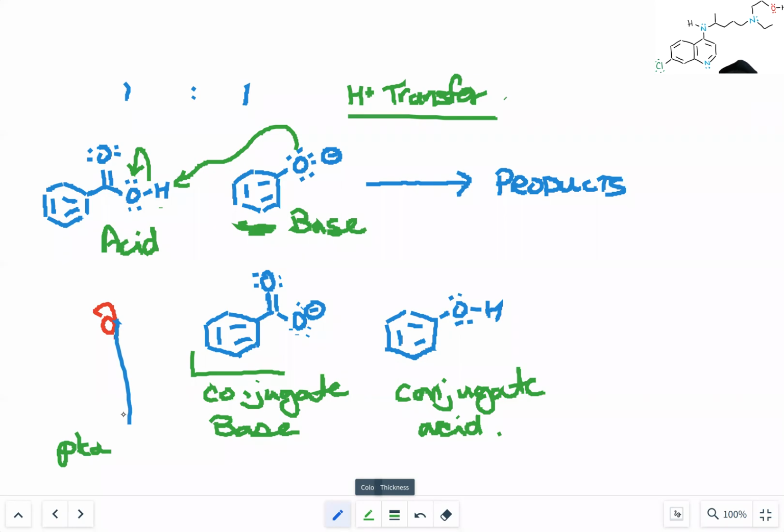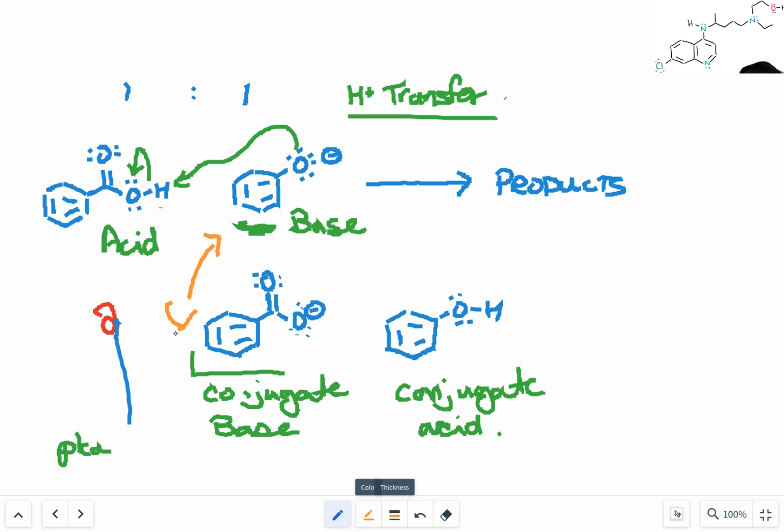The trick for these types of questions is, number one, we don't have pKa values. So you need to decide, is the product, the conjugate base, versus the base, like we're going to compare these two, and see which one is more stable.